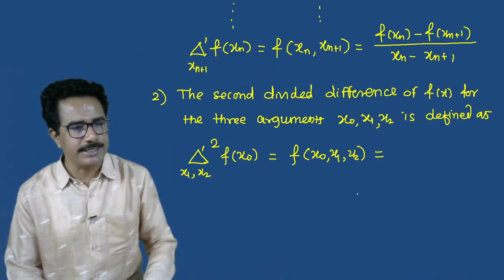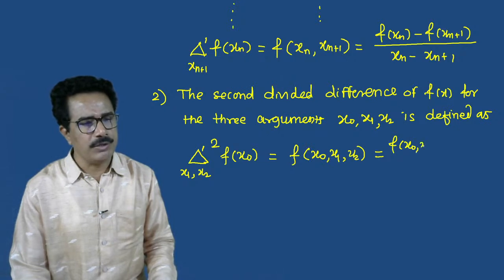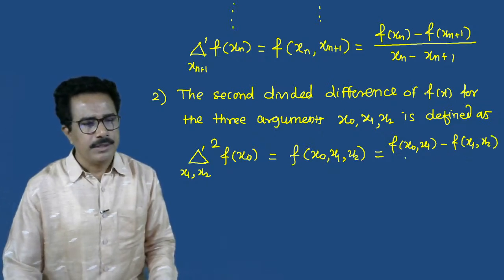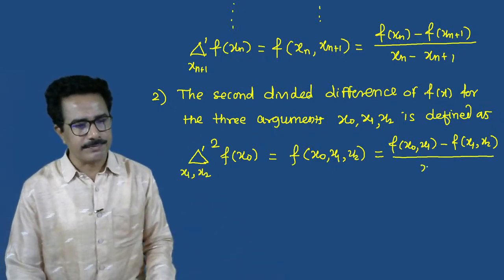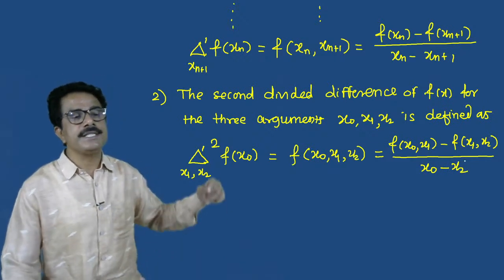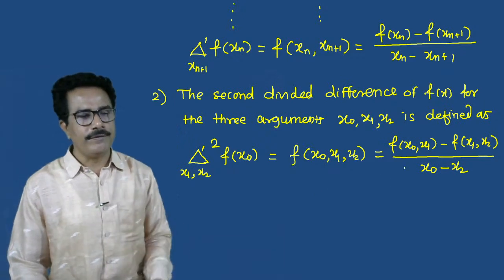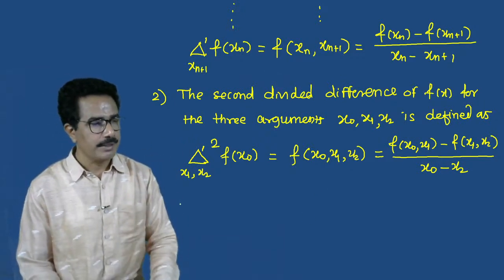So we can write this as f of x0 comma x1 minus f of x1 comma x2 divided by x0 to x2. See this, this is the second divided difference of argument x0, x1, x2.